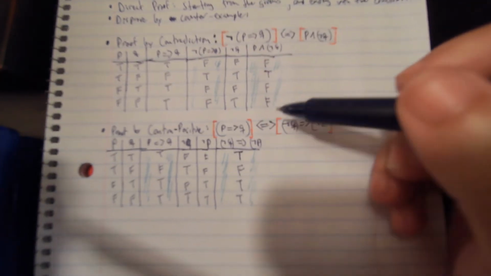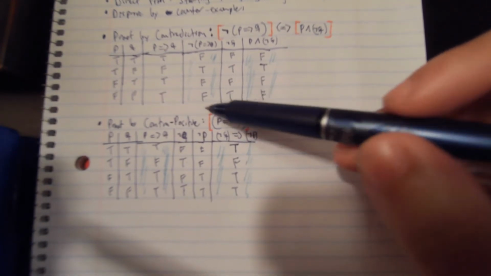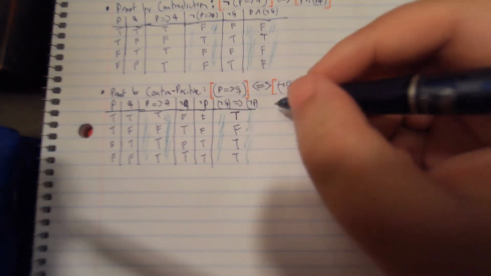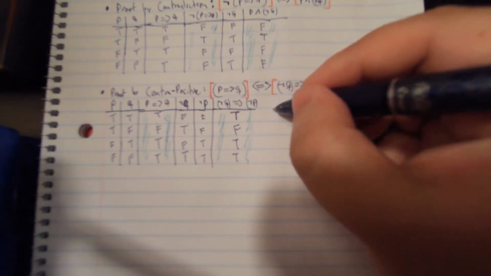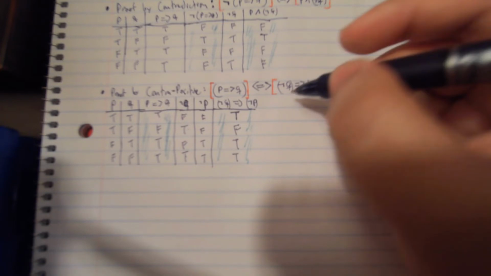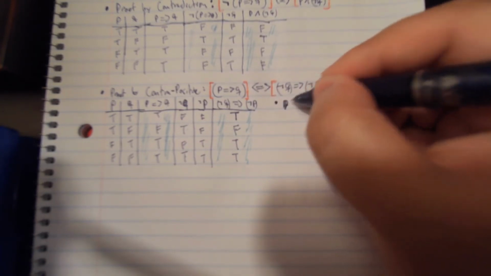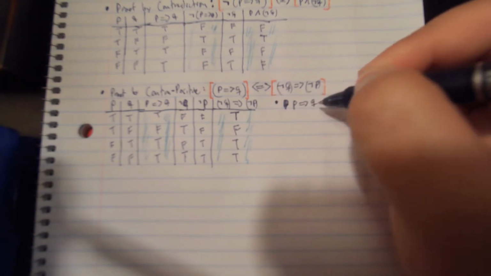That being said, let me specify some things, right? So why do they call it contrapositive? I guess this isn't that important, but if you have the statement if P then Q, right?